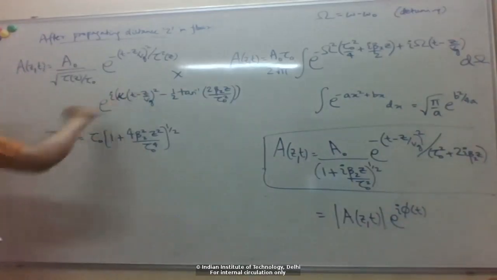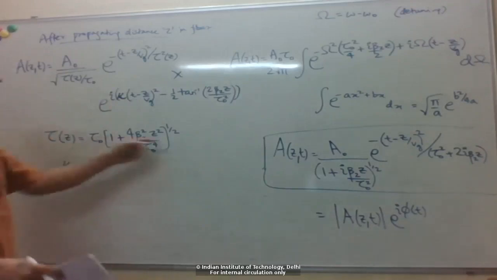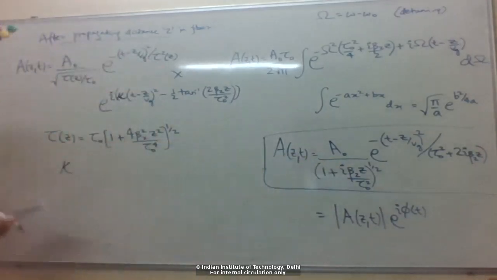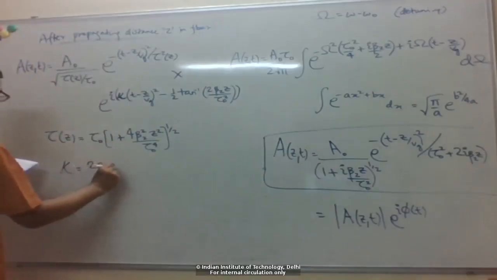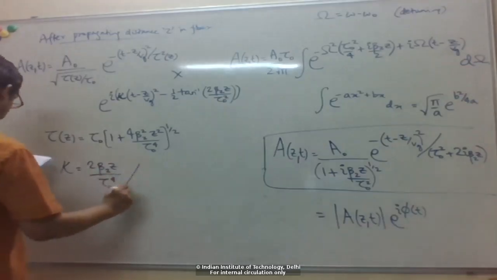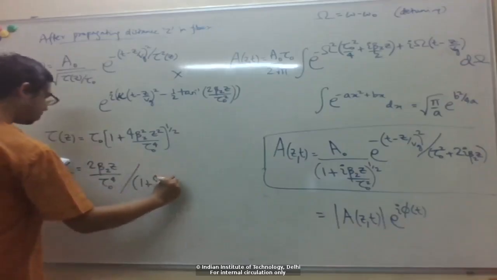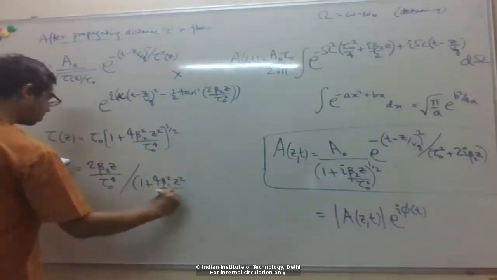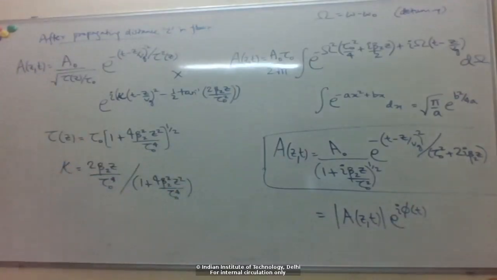So this is kappa times (t minus z over v_g) squared. This kappa depends on beta 2, as you can see from here. And this kappa is basically known as the chirp factor.